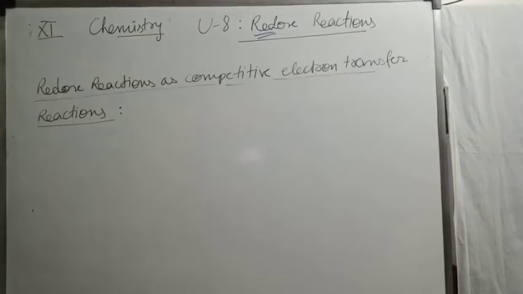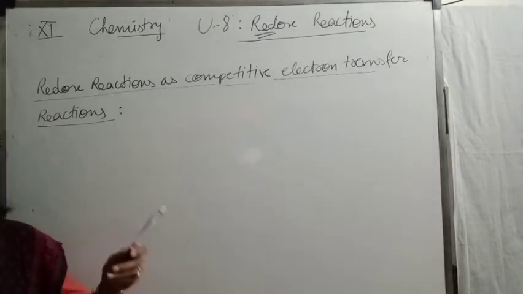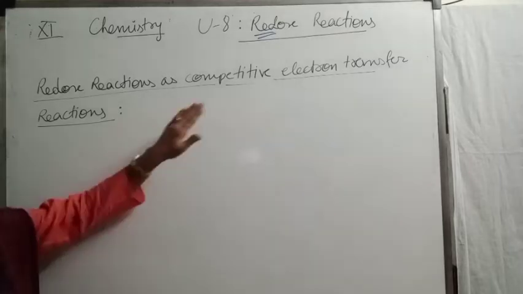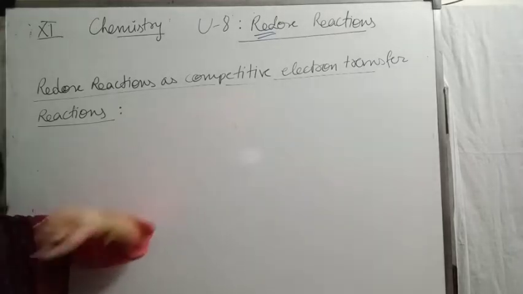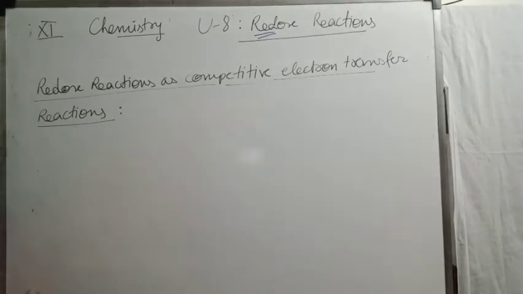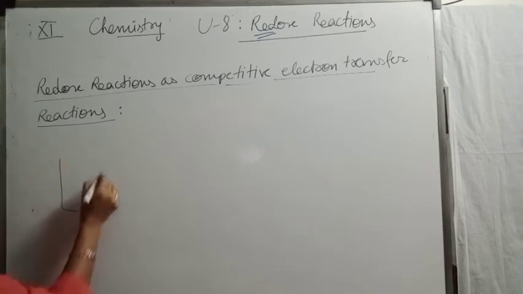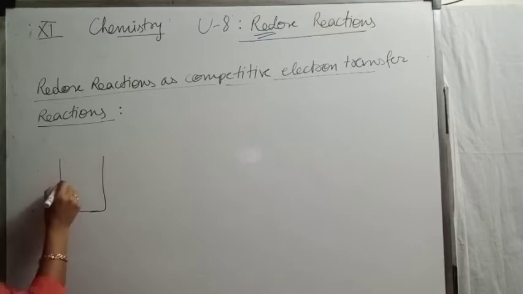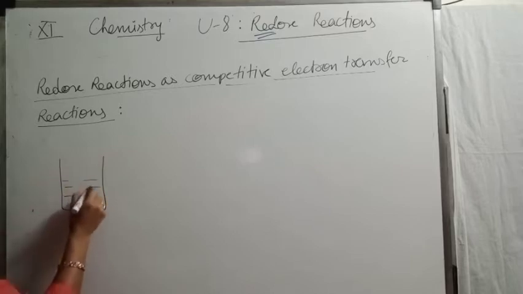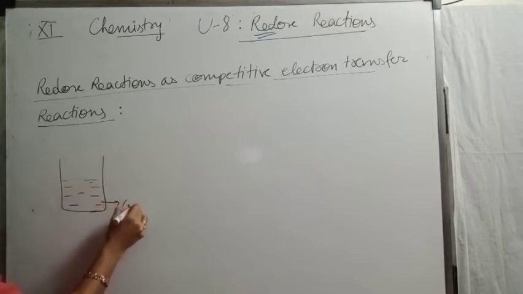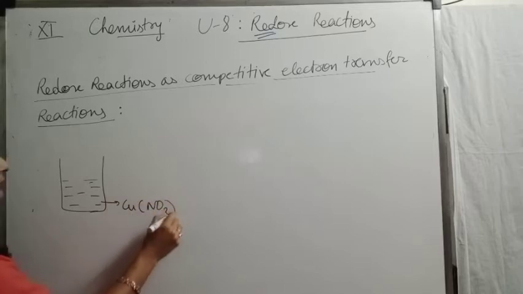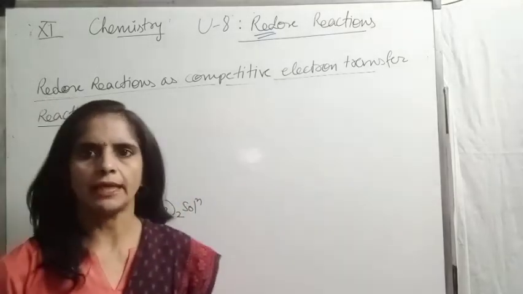Another topic is redox reactions as competitive electron transfer reactions. To discuss the meaning of competitive electron transfer reactions, just take a very simple example. Take a beaker, and in this beaker we take copper nitrate solution, an aqueous solution of copper nitrate.